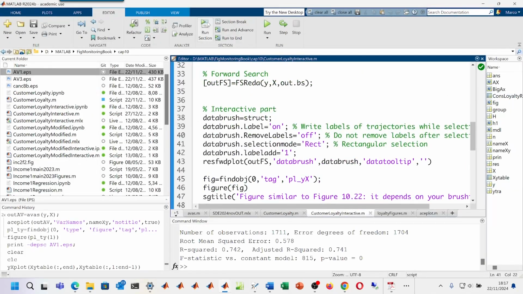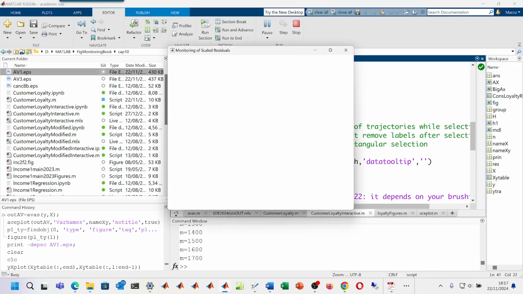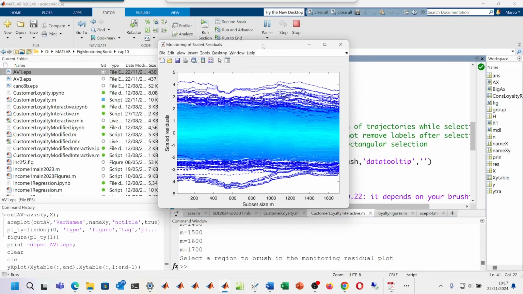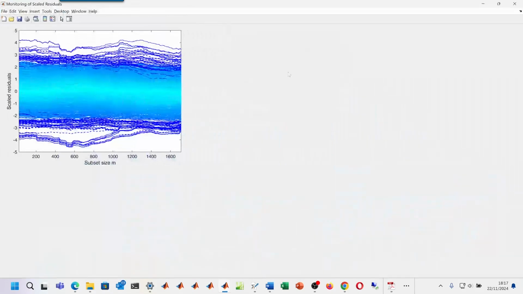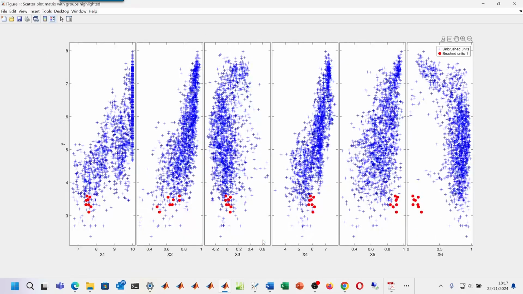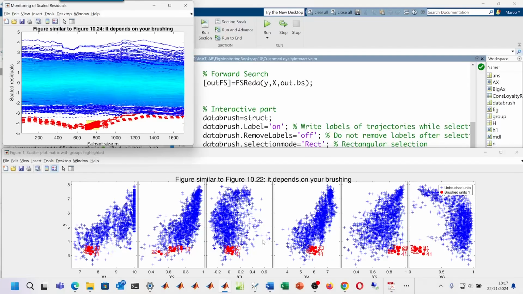Now we move to the interactive part. There is the search, the monitoring of scaled residuals, and we notice that there is a group of units. It is interesting to brush these units, to understand what is the position of these units in the y against x plot.